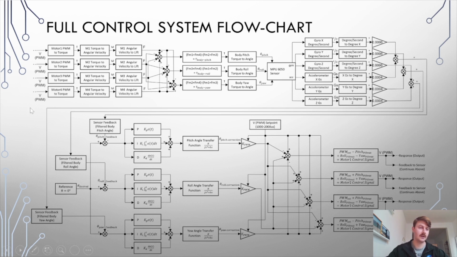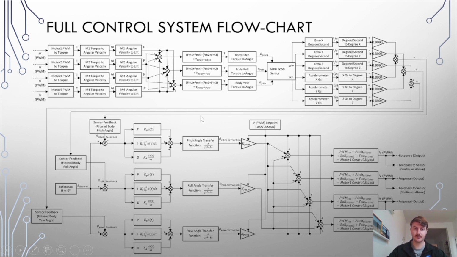So essentially the PWM voltage is what's actually supplying the motors their signal, which makes them turn at a certain rate, which provides a certain torque, which gives a certain vertical lift, which combined into a specific axis gives the pitch, and so on, all the way to the sensor, which reads that, then the values that it outputs, and some of the filtering I did on those signals, into, and this is actually all part of the feedback, the PID controller.